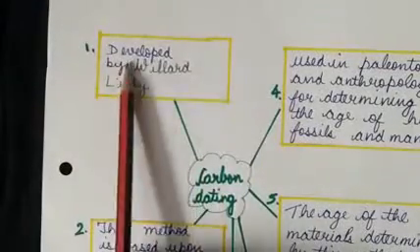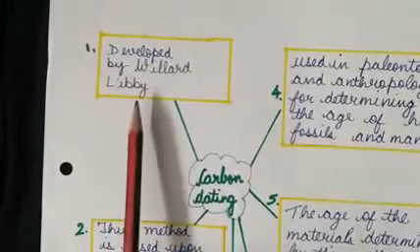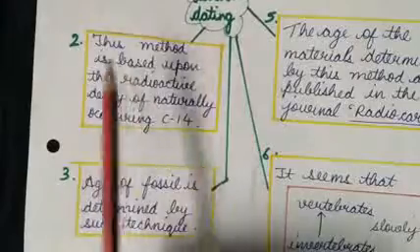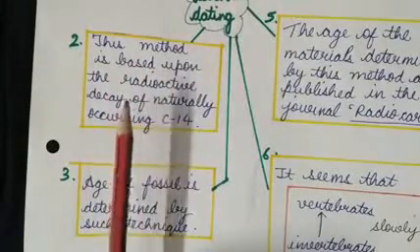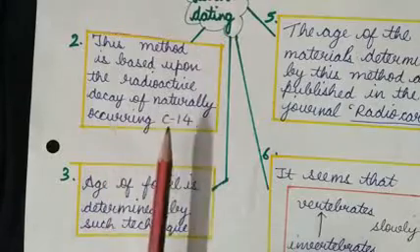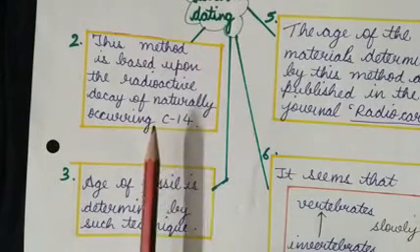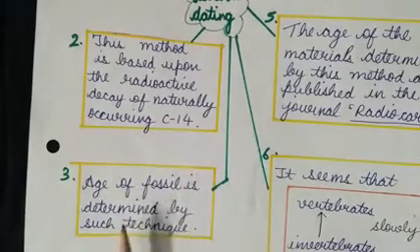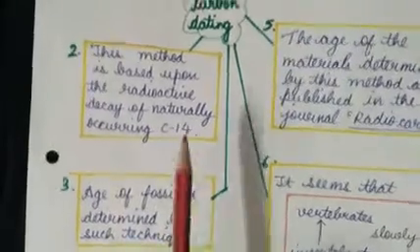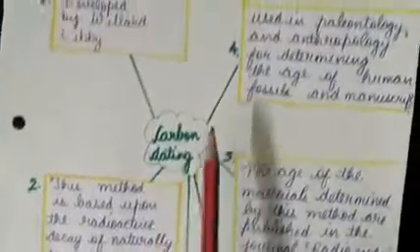This method was developed by Willard Libby. This method is based upon the radioactive decay of naturally occurring C14. Age of fossil is determined by such technique. Which technique? Carbon dating method.